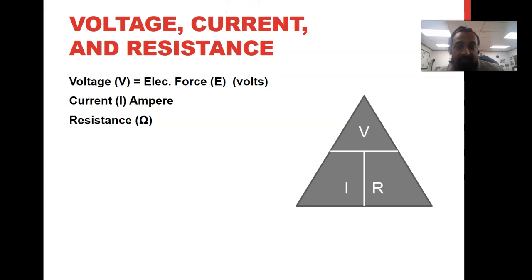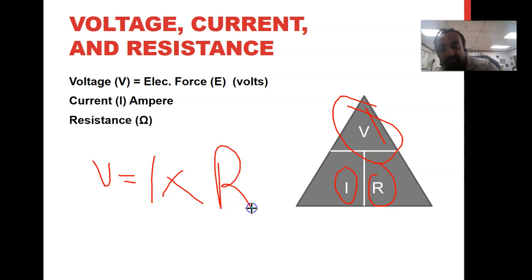We have our voltage at the top, then resistance and amperage, and we said that voltage equals amperage times resistance. This is basically Ohm's law.